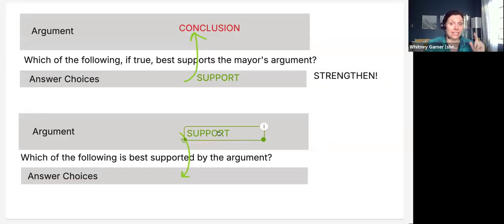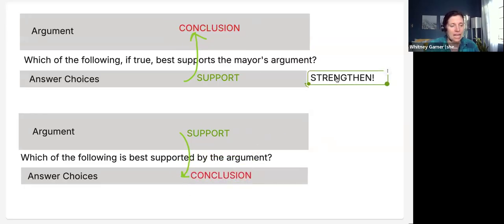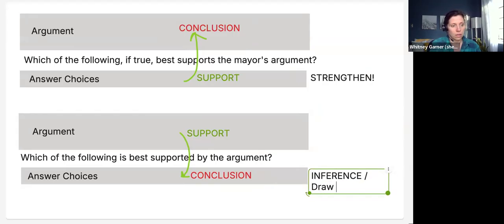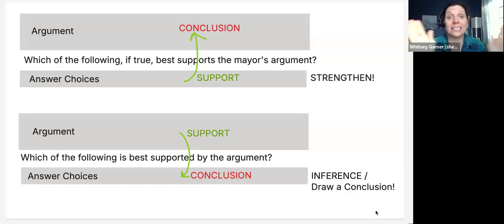If the support is the argument meant to be leading to an answer choice, right, which of the following is being supported by the argument, that means that the conclusion is in the answer choices. And these are inference, or another way to call these would be draw a conclusion questions. And what we're doing in these two cases are completely the opposite.